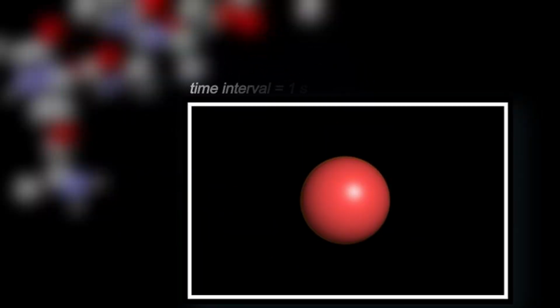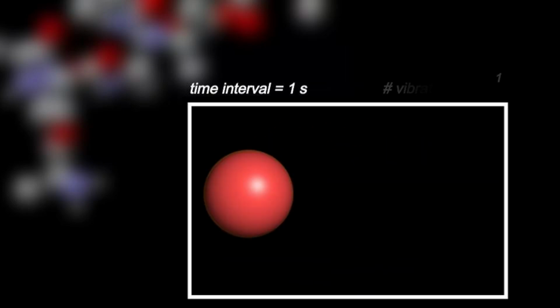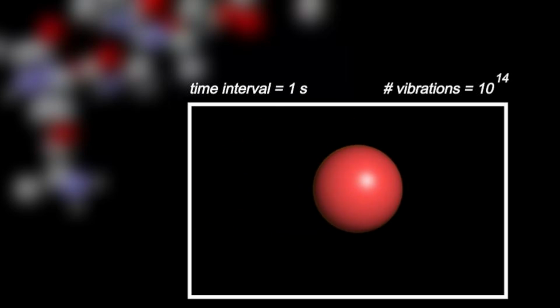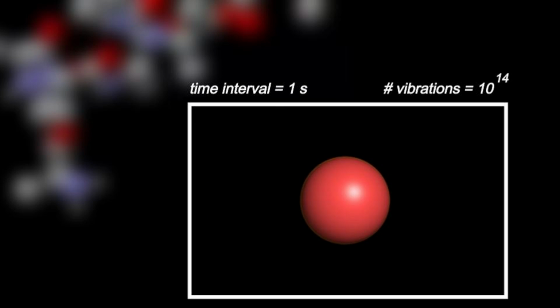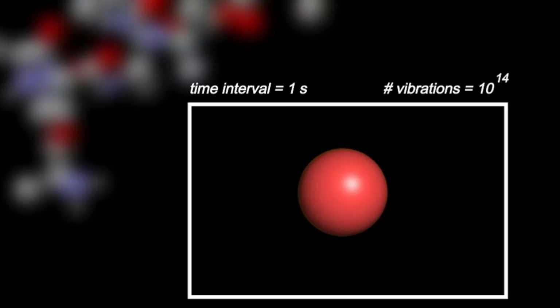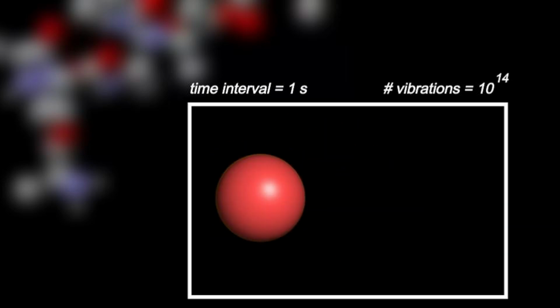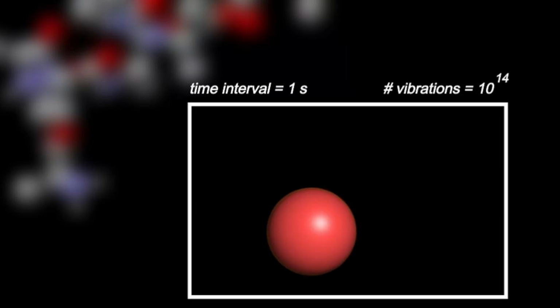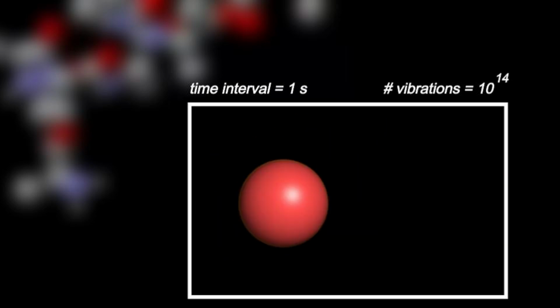Then, from a perspective of an atom, in that particular 1 second, the atom has already vibrated many, many times and has changed its position thousands of times because the speed of the atom is 10 raised to 14 vibrations per second. And it would be quite impossible to predict the final position of atom after 1 second.